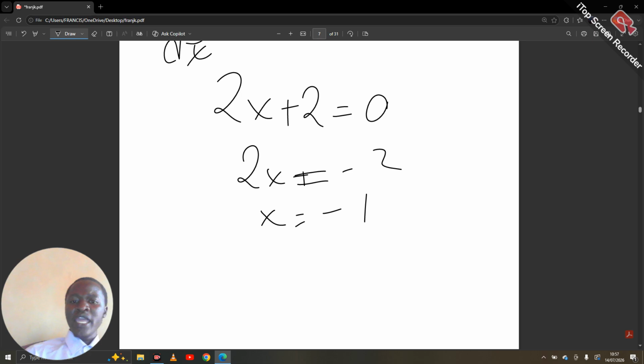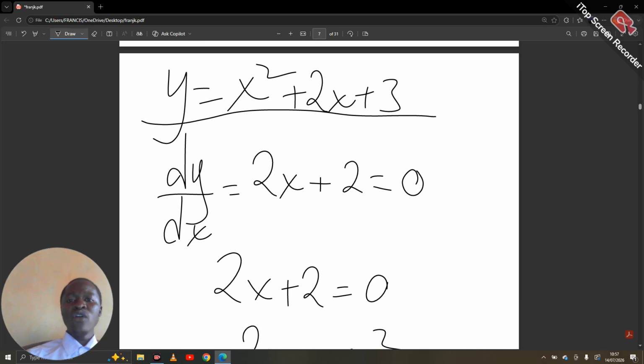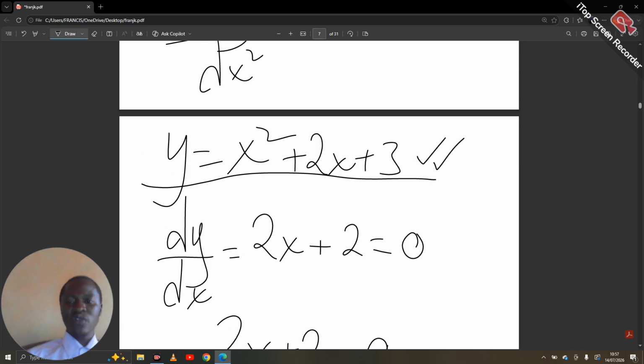Negative 1. Now, if my x is negative 1, what will be my y? And how will I know the value of my y? I go back to the function or to the curve. The y equals x squared plus 2x plus 3 is called a function. So how do I get my y?